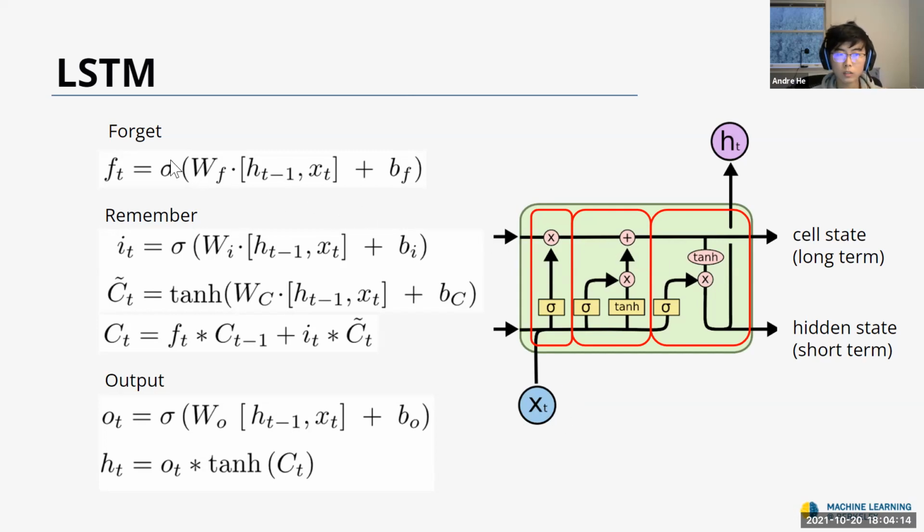The first thing is called the forget gate. It's the leftmost red box you see here. Your cell takes in the input token and the hidden state from the last cell and determines a vector called f_t.